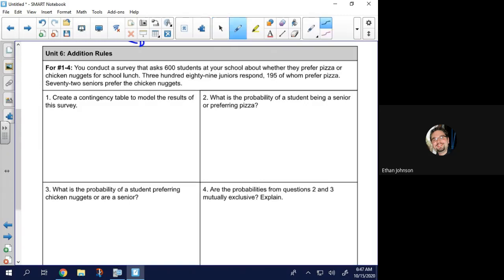So on the side, I'll just do P for pizza, chicken nugget, total.